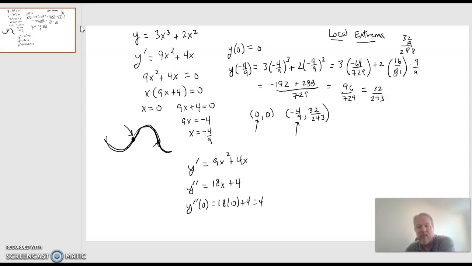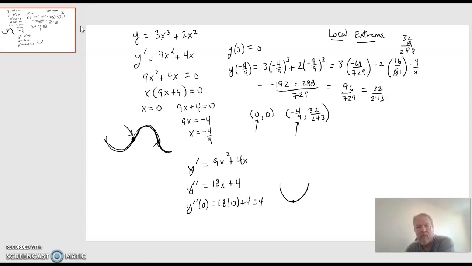So that means that this position, 0, 0, is on the bottom of a valley, because the original function looks like this at the value 0, 0. At 0, 0, I'm part of a smile. How do I know that? Because the second derivative at 0 is positive, and positive is a smiley part of a function. But I know I'm on the exact bottom part of the smile. How do I know that?